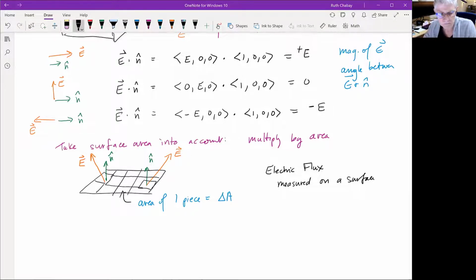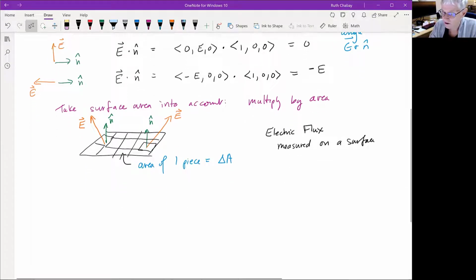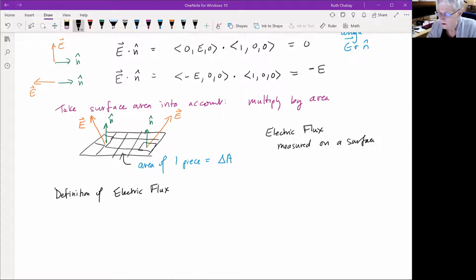And so the definition of electric flux is going to be: we have our dot product of E dot n hat, and that gives us the magnitude of E and the cosine of the angle.